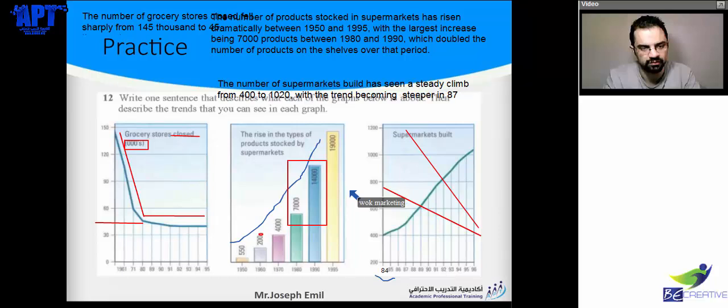A steady climb from 400 stores, sorry, it's not 1,000, from 400, with the trend becoming even steeper in 87 to reach 1,020 supermarkets in 1996 or 96. Okay, I'm just going to move this one to the whiteboard, or those two.